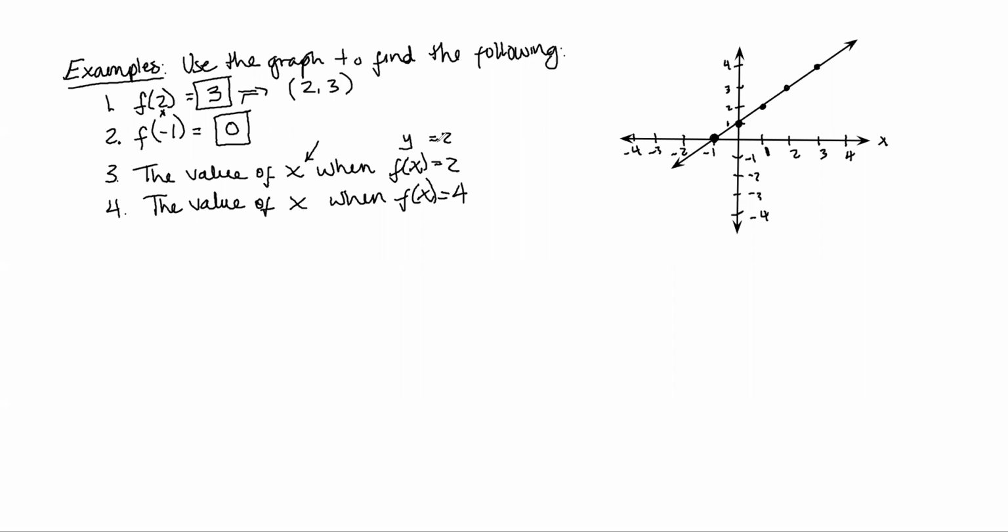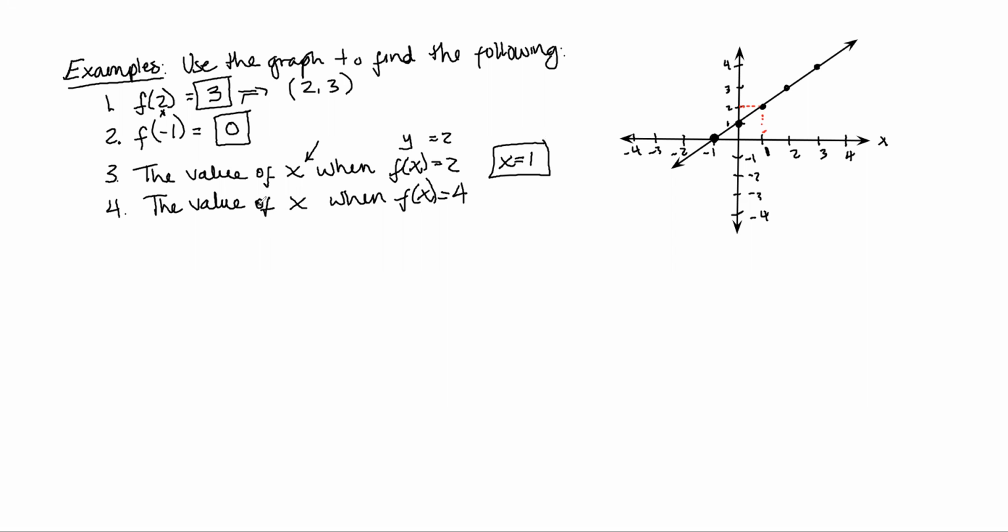Well, let's go to where y is equal to 2. That is going to be right here. So our x coordinate right there is 1. And so for this one, I'm just going to say x equals 1. I believe in your homework, you'll probably just have to put 1 into the box. You shouldn't have to put x equals 1.